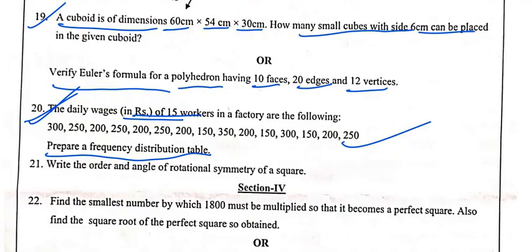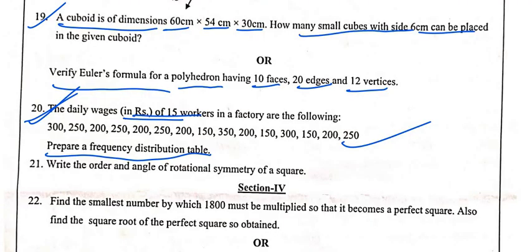In second, always you have to take tally marks. Most of the students are not writing tally marks here. And in third, we have to write frequency, that means which wage comes how many times. Now see how many types of data are given.